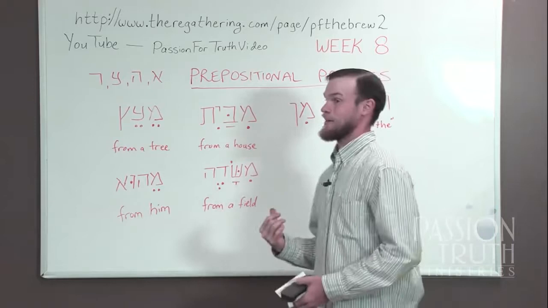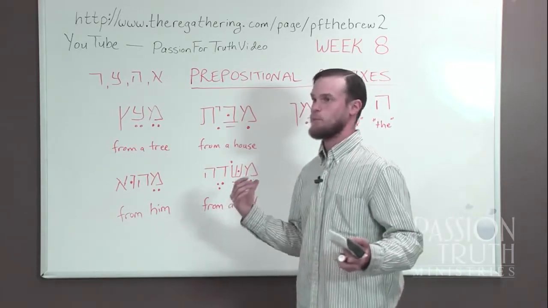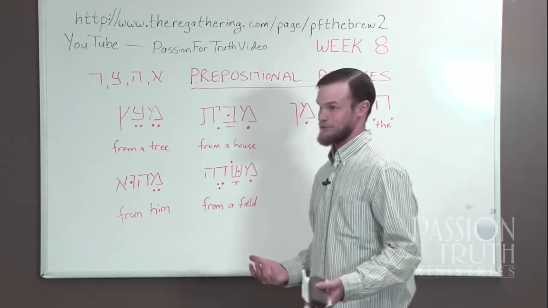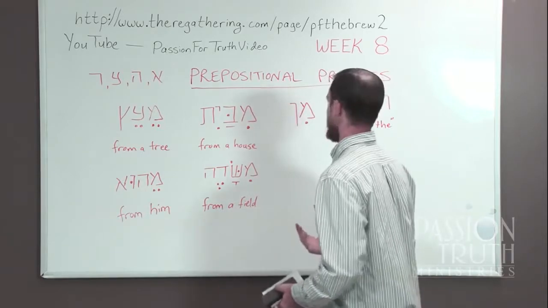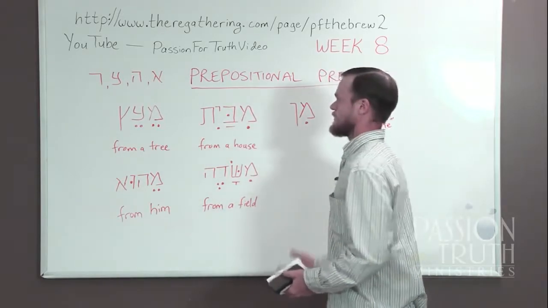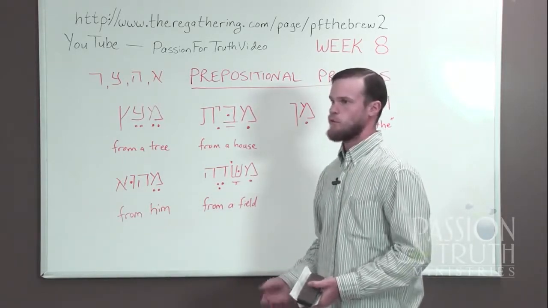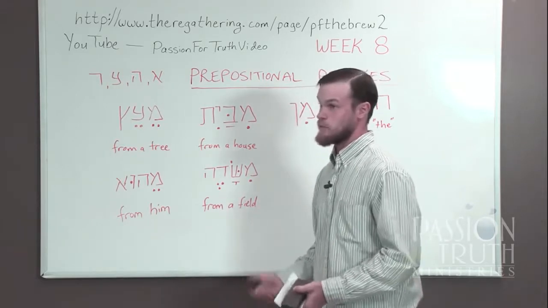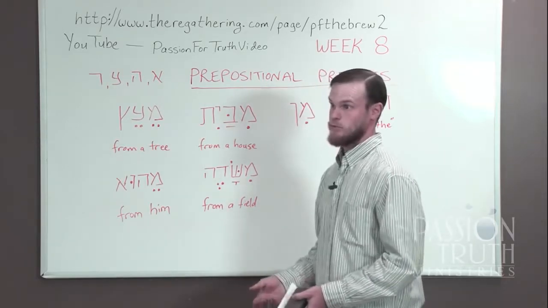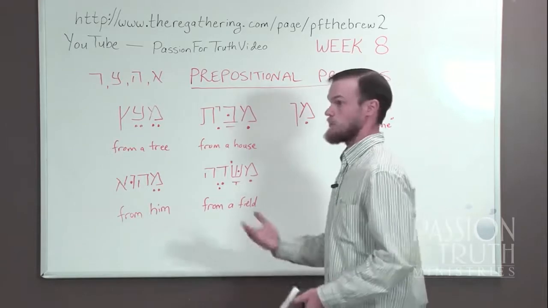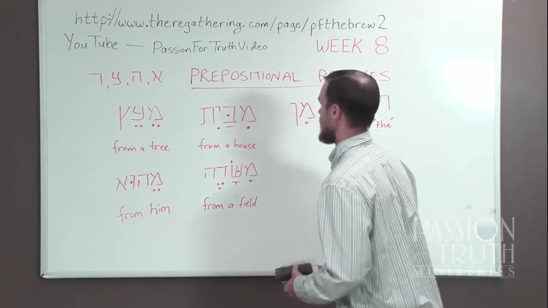And that's what we're going to go into next: what do you do when you've got multiple prepositional prefixes? Because you could. Now, some of them don't make sense. You couldn't say, with for. That doesn't make any sense. But you could say and with, or you could say with the, or from the. So how do you do that?